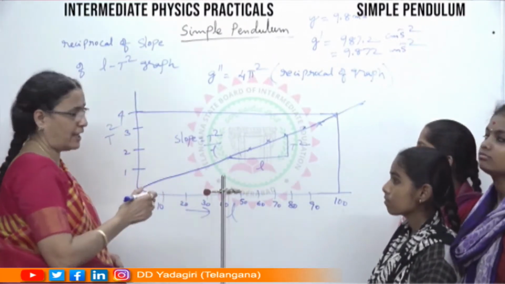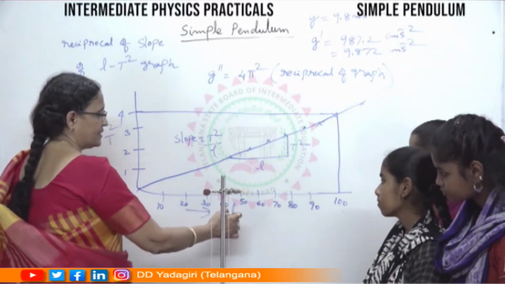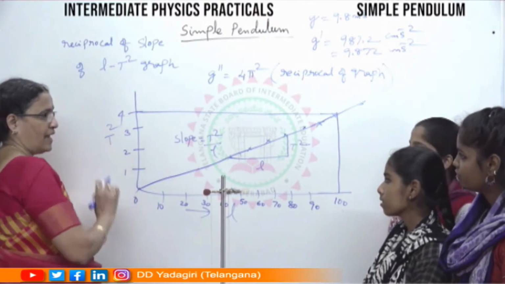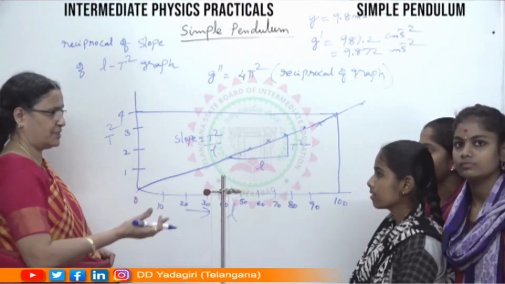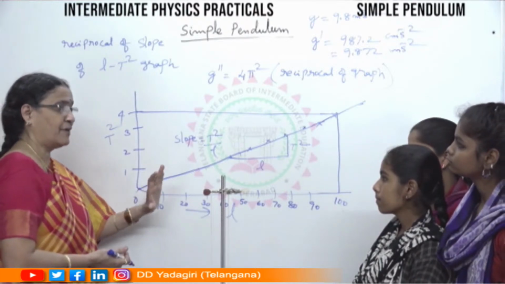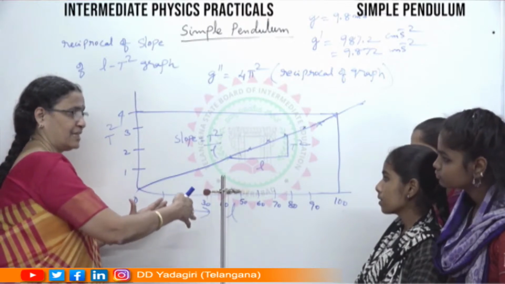Now we have to draw a graph by taking L in centimeters on the x-axis and T² on the y-axis. See, in different manuals, they give the values differently, but I take this way. Whenever you draw a graph, you must take the intercepts in a convenient way.